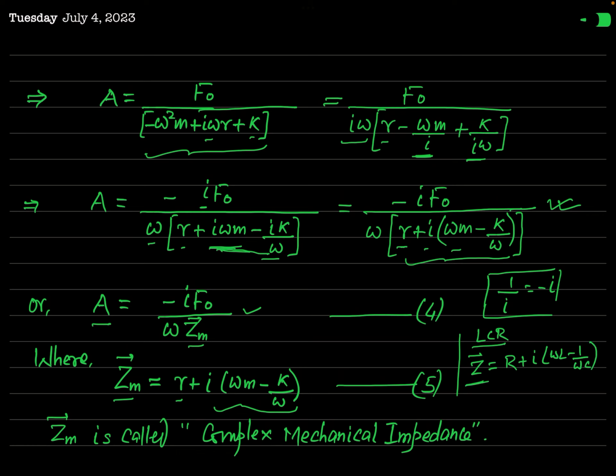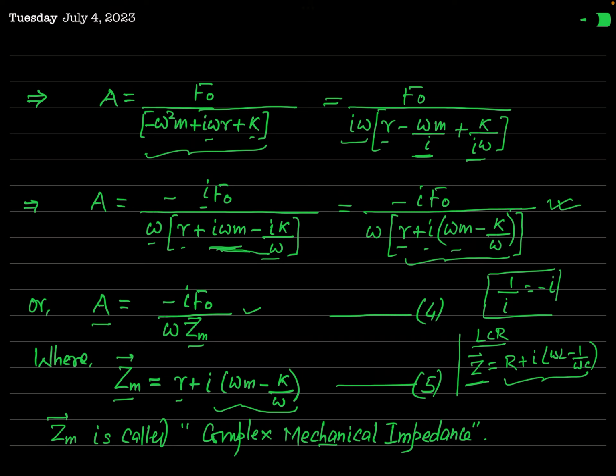This is actually the electrical impedance. So comparing with this result, we say that this quantity Zm equal to r plus i(omega m minus k by omega) is actually the mechanical impedance of our system. Mechanical impedance.